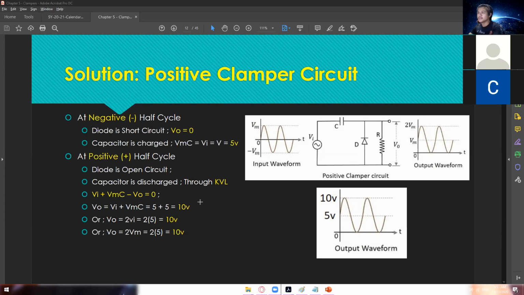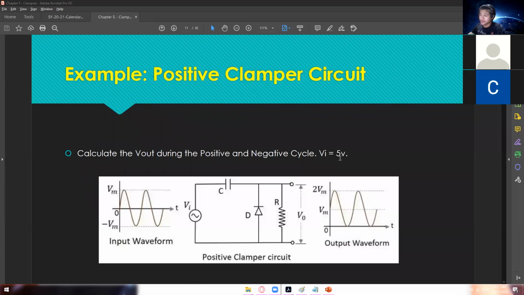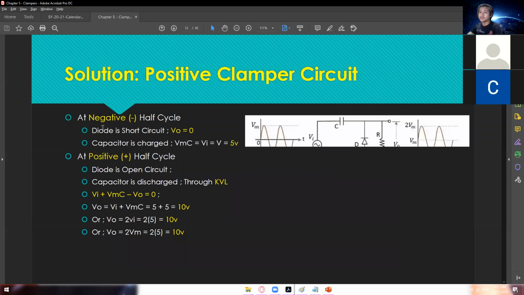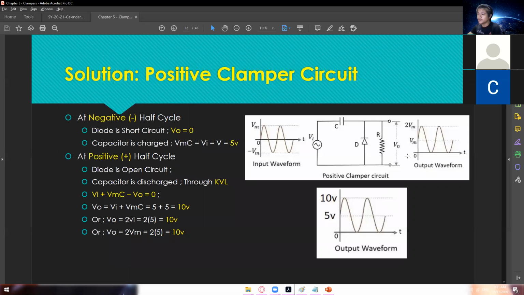All right, so again, I made the correction here. Your input voltage should be 5 volts positive and then 5 volts negative. During the negative half cycle, as you can see right here, we have negative to negative and positive to positive. As a result, this will become a closed circuit, and that's the only time that our capacitor will charge.